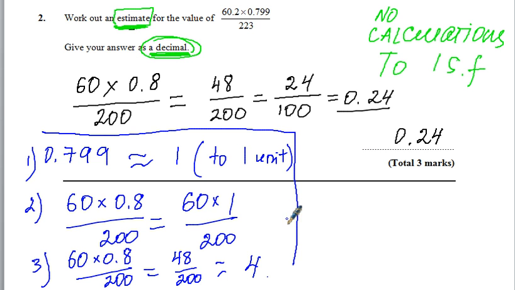Okay, and then another issue was issue number 4. Some people, although you round it correctly here at this stage, for some reason they stopped rounding denominator parts.